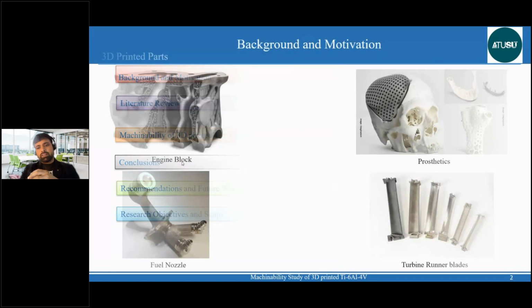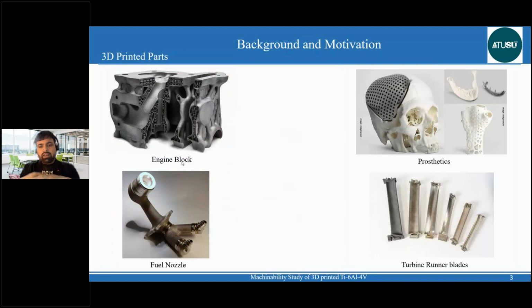Before starting the motivation, 3D printing is now a very ongoing subject, and it's very broad now because so many people are working on it, and there are so many things going on with 3D printing material, especially with titanium alloy. Here you can see the different parts which are nowadays manufactured with the help of 3D printing machines.